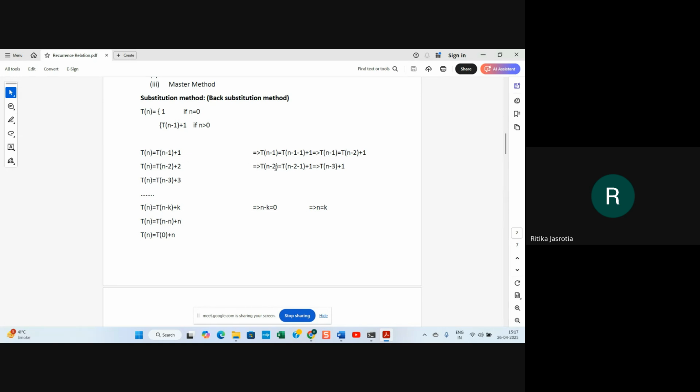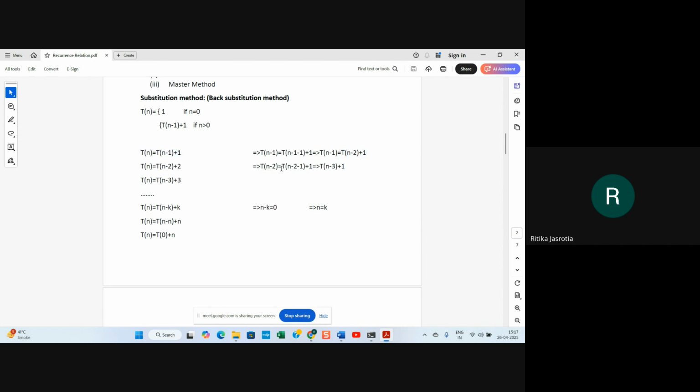So we are applying n minus 2 to this equation, n minus 1, minus 2. We are adding minus 2 everywhere here. So if we add n minus 2 in this equation, we are adding n minus 2.